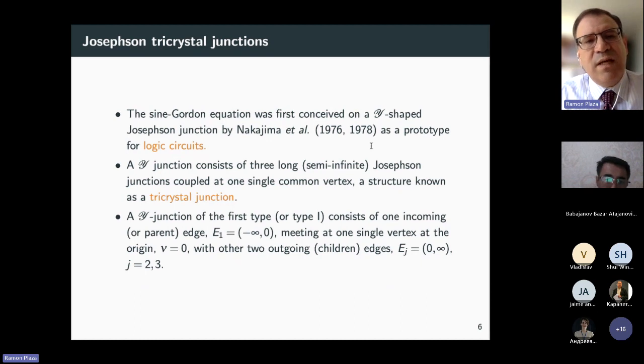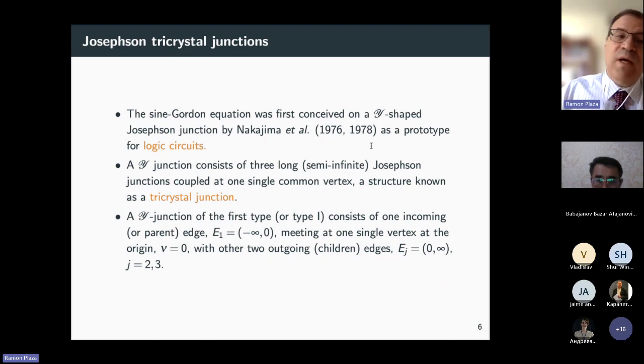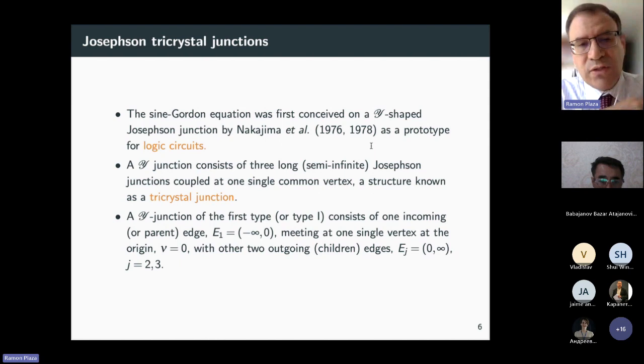So the sine-Gordon equation was first conceived on a Y-shaped graph by this Japanese group of researchers as a prototype for logic circuits. So they actually have some practical application. You can pose the sine-Gordon equation on this graph, which has the shape of a Y, and then you can design a logic circuit.